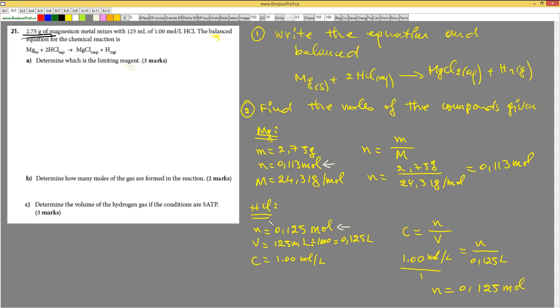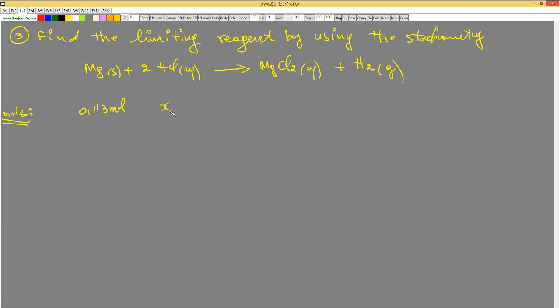Okay? How many moles for HCl? 0.125. How many moles for Mg? 0.113. So to find the limiting reagent, we are going to use only the Mg, the first one. We are going to ignore this one like we don't have this data here, and we put X here. Now we're going to put ratios.